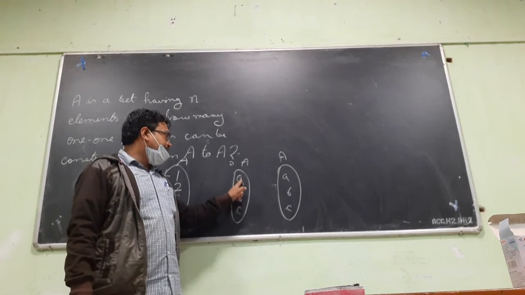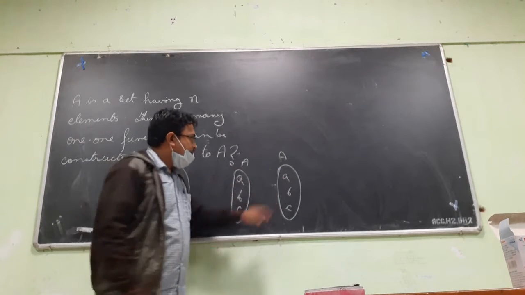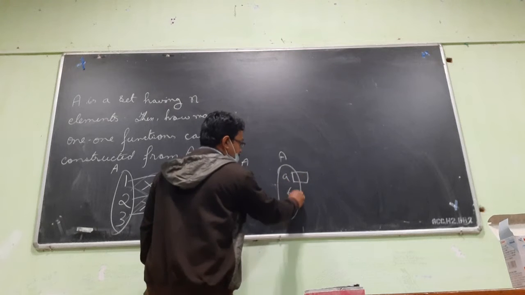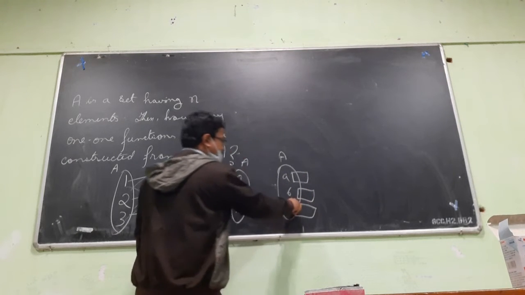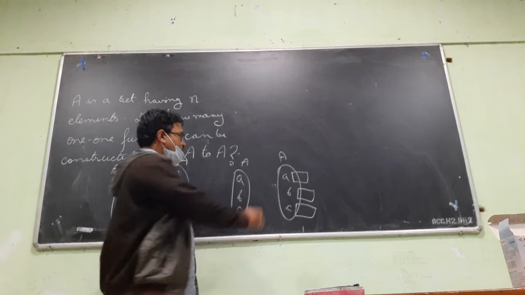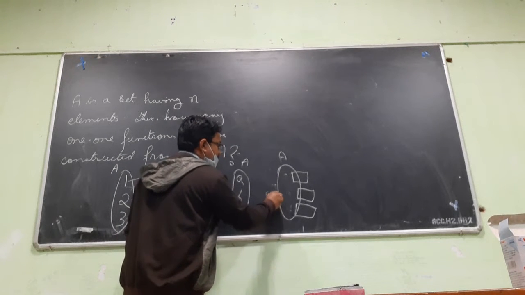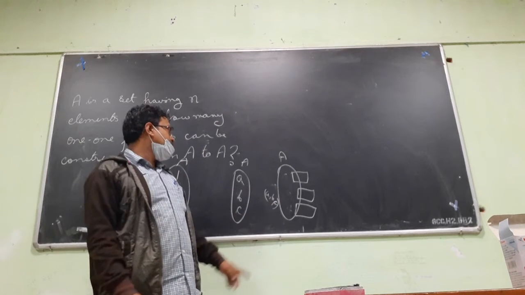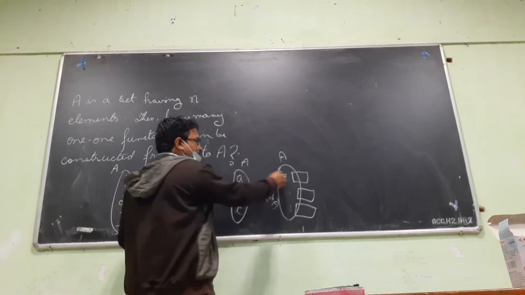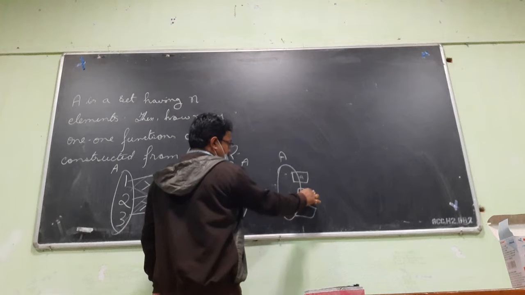Suppose I take A to A, so I am placing A here, in this box. The elements A, B, C are inside this.